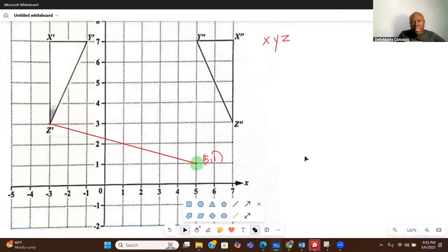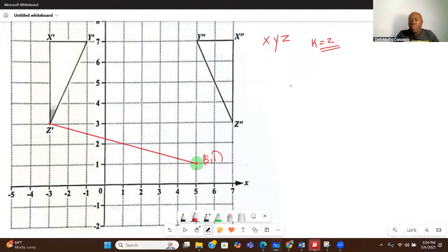Whenever you draw lines from the center to the vertices of the image or the object, it normally connects corresponding vertices. The scale factor, K, was 2, so the original one was smaller because it doubled to turn into this. The distance doubled.